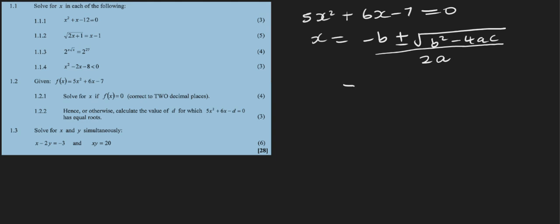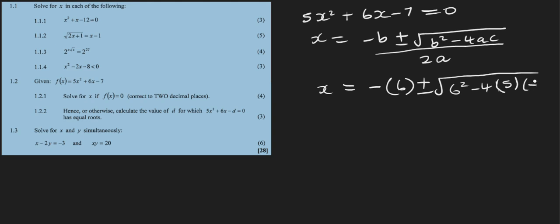Then you substitute your value of b, which is 6, so negative 6 plus or minus the square root of 6 squared minus 4 times a, which is 5, times c, which is negative 7, then divide by 2 times a, which is 5.